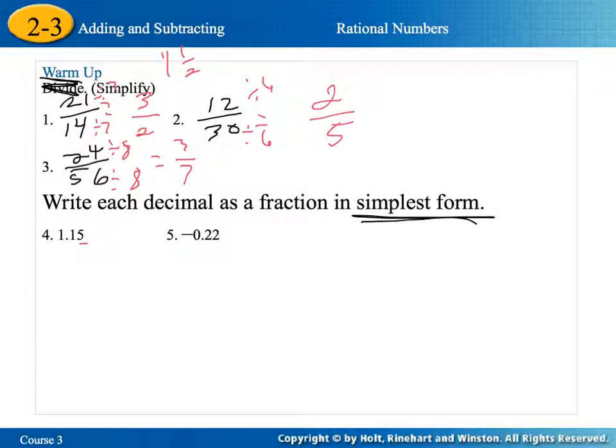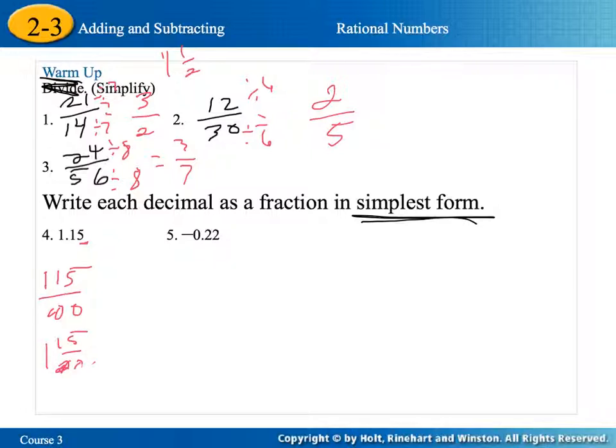If you look at that, what place value is that 15 in? It is in the hundredths place value. So you have 115 over 100. The other way you could have done it is 1 and 15 hundredths.